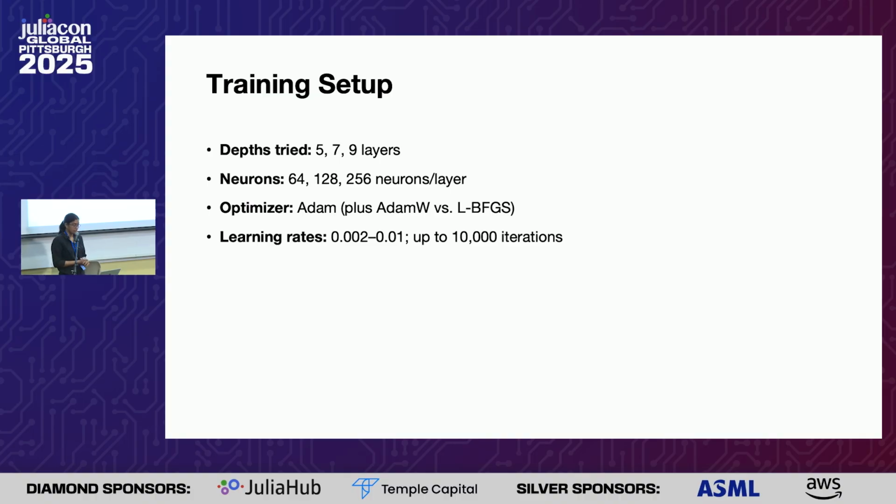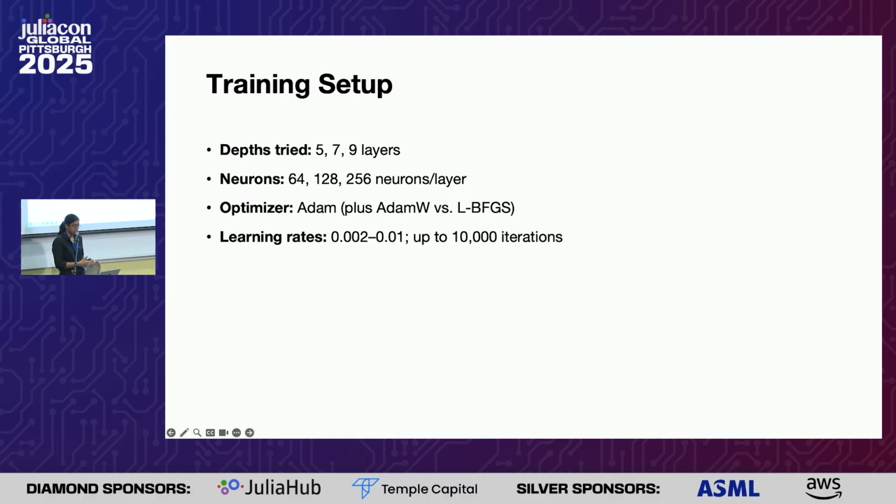Coming to the optimizer, our primary choice was Adam, and we tried different versions of Adam, then improved it with BFGS optimizers. We wanted to make sure that the standard deep learning optimizer was indeed the best choice for our physics-based problem. And we tried different learning rates and durations.